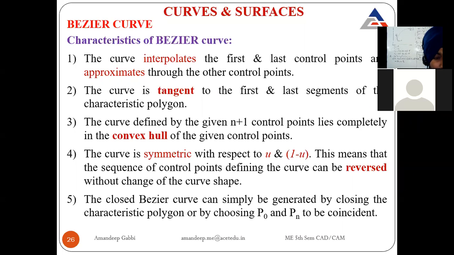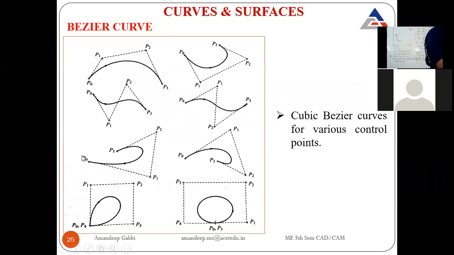The curve should be covered completely in the convex hull. The curve should lie inside this convex hull. So this is the convex hull from P0, P1, P2. This is the convex hull and the curve is lying inside.